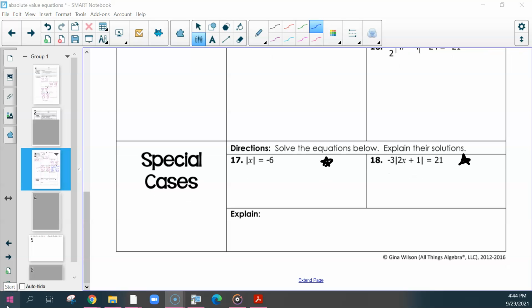So for 17, because this equals a negative number, it's isolated, we haven't done anything else, this is going to be a no solution. Or you can do the line with the circle. Because we cannot solve absolute value equations that start this way.